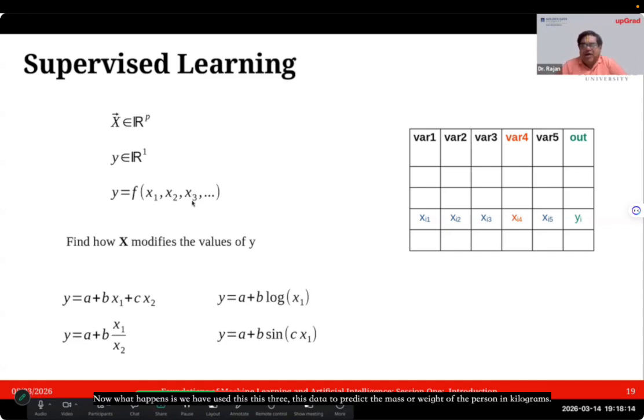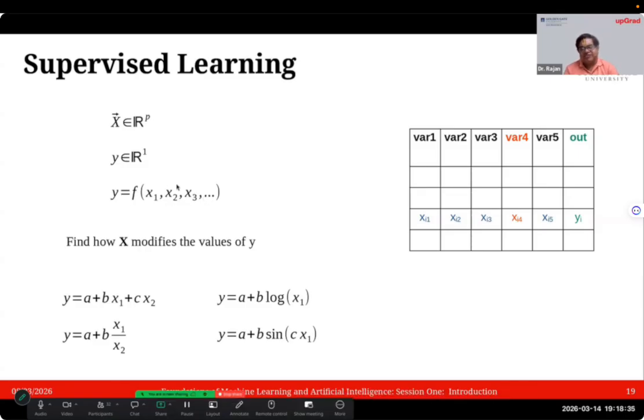Now what happens is, we have used this data to predict the mass or weight of the person in kilograms. So we have this 100 people's data, measuring their weights or masses, heights, age, and gender, and we have built the model, let us say.